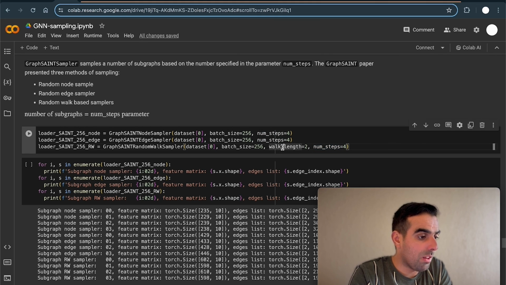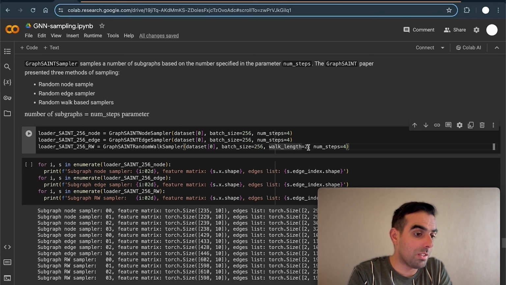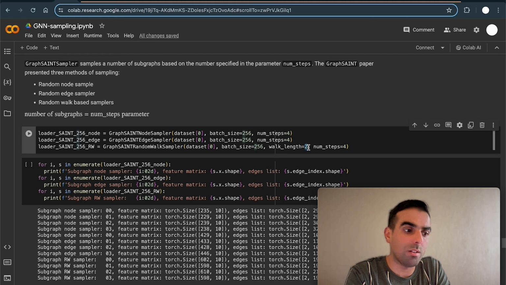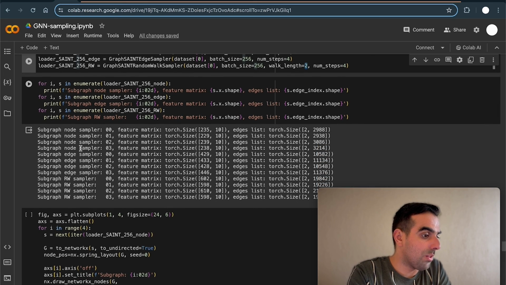The walk length for the random walk, how many hops we are jumping from the original node, I'm setting to 2, the usual number for GCN layers. So 4 graphs for the node sampler, 4 graphs for the edge sampler, 4 graphs for the random walk.